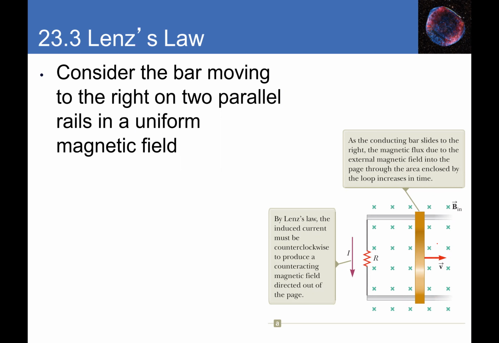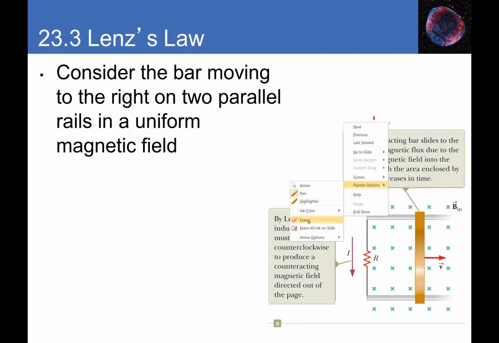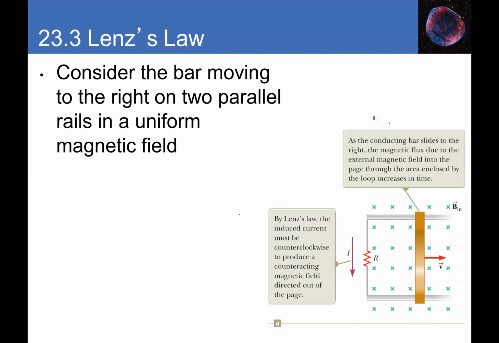So what I have here is my flux, which, remember, is B times L times X. The magnetic field strength in this case doesn't change. But the flux is increasing as you move the bar, so your X is increasing, so your flux as a function of time is increasing.